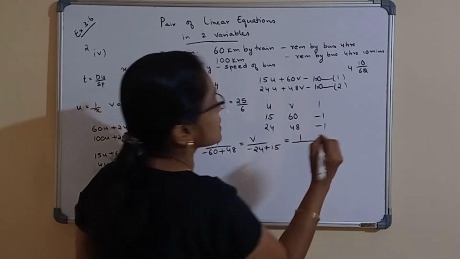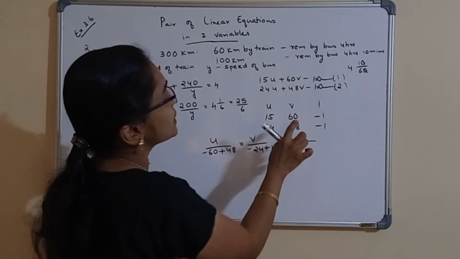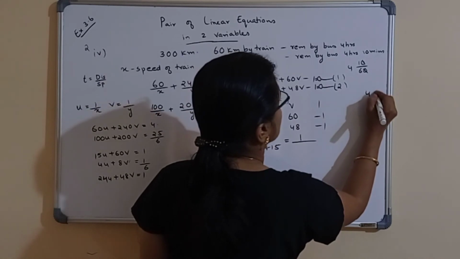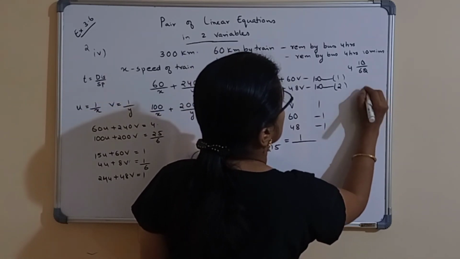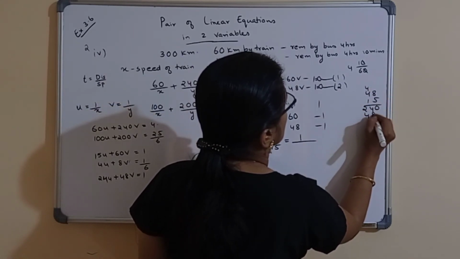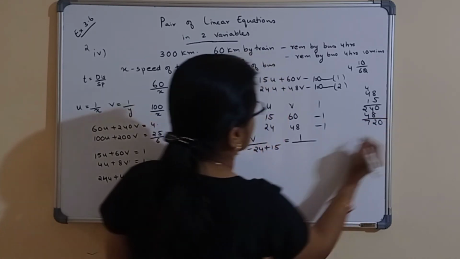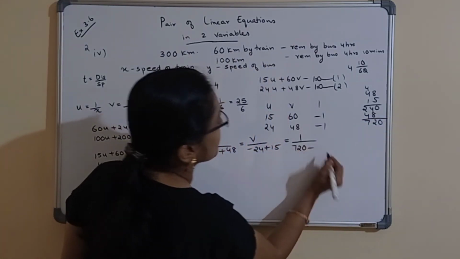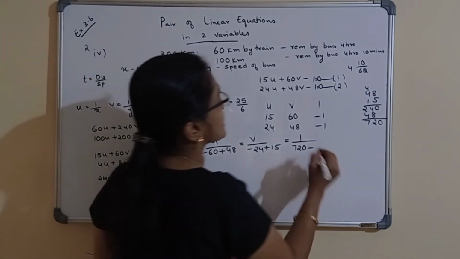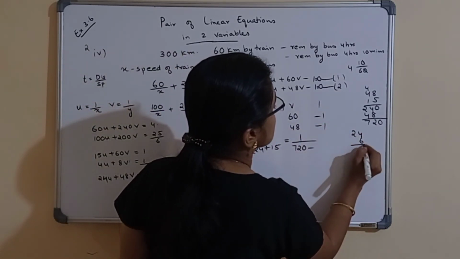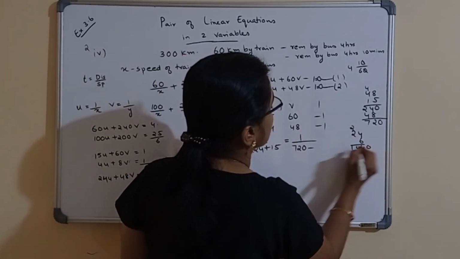And it is equal to 1 by 15 into 48. We can do that. 48 into 15 is 720. So 720 minus 24 into 60. 24 into 6 is 144, so 1440.